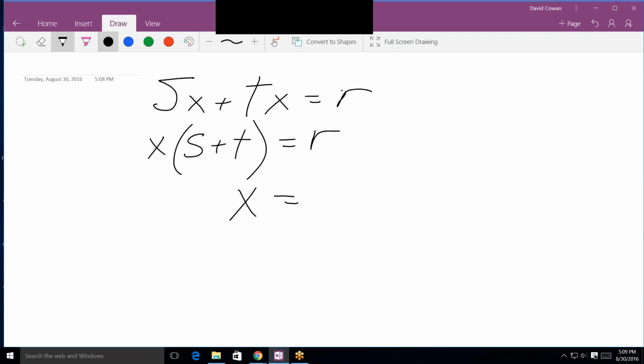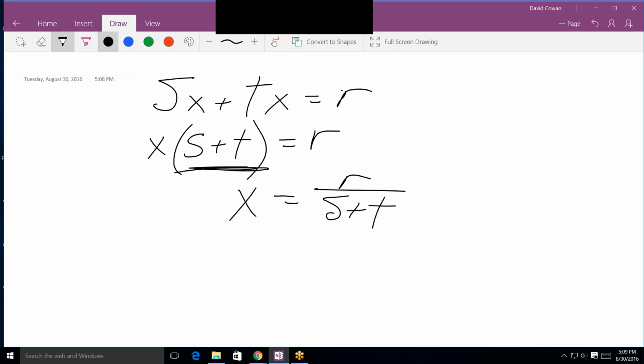X is equal to r divided by s plus t. Okay. And that's the way you do it. You don't really care whether that s plus t is in front of the x or behind the x. It's the same thing.